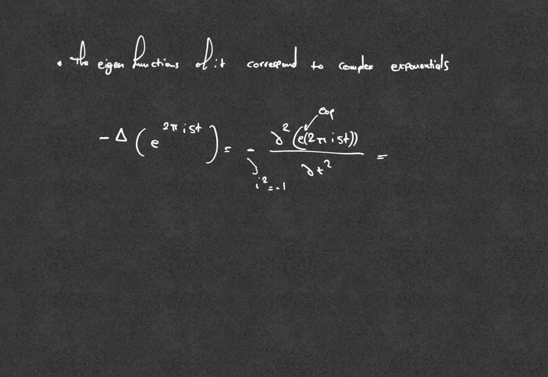So this negative sign will be taken care of. And then you will have e^(2πist).